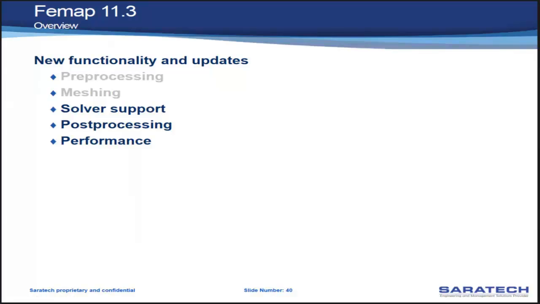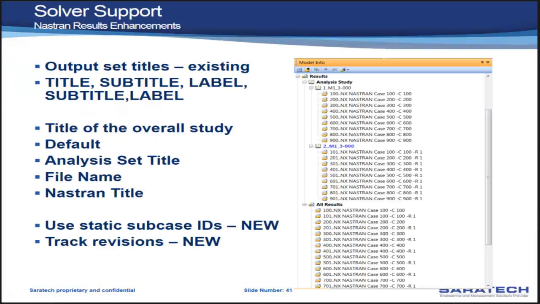So now let's look at some solver support additions. The first one is the Nastran results enhancement, and this is an added Track Revision option on the Results tab of the File Preferences, which when enabled will designate each output set with a Nastran subcase ID, and this was added in order to be able to track your revisions.